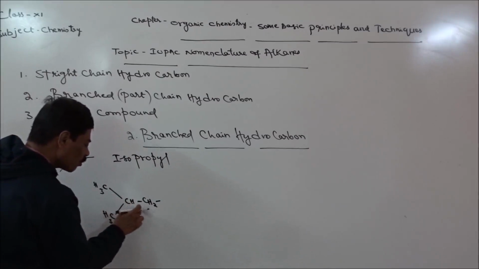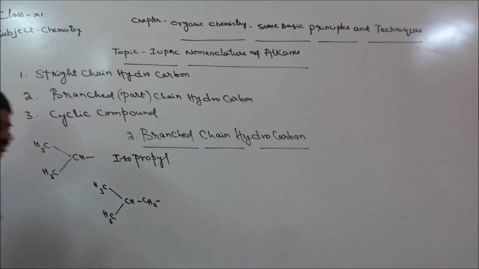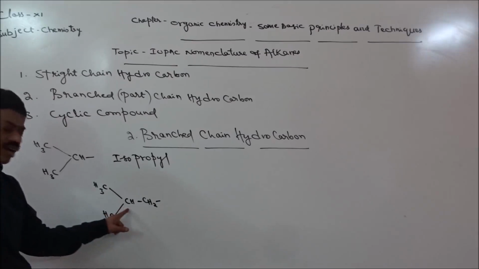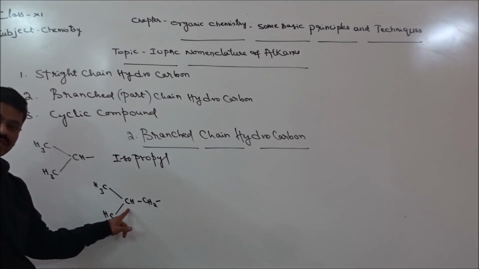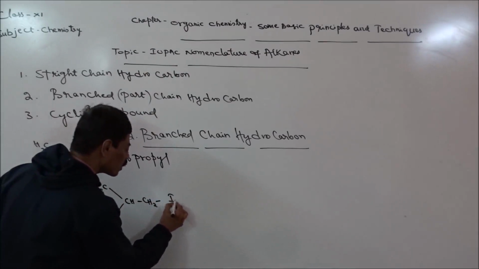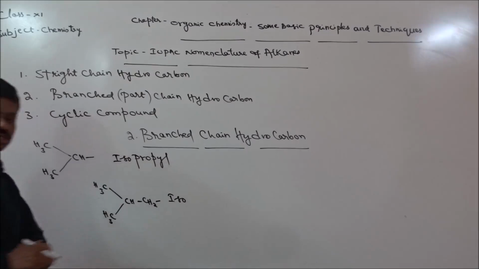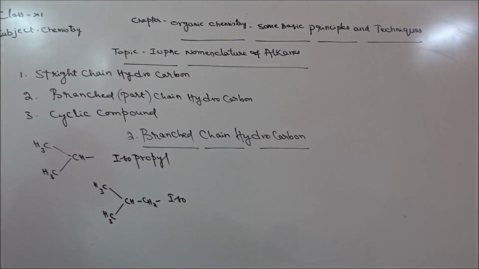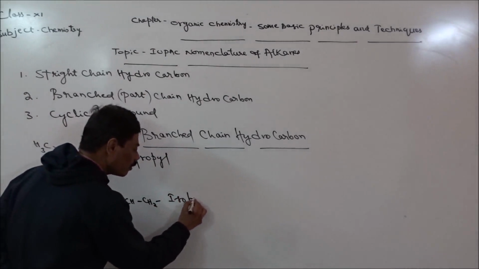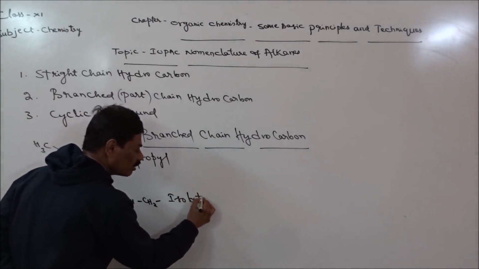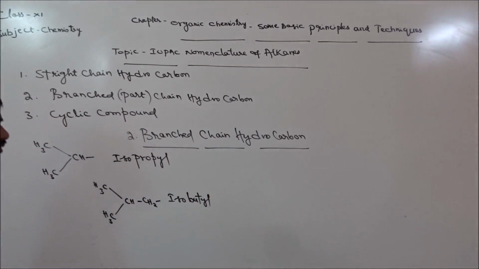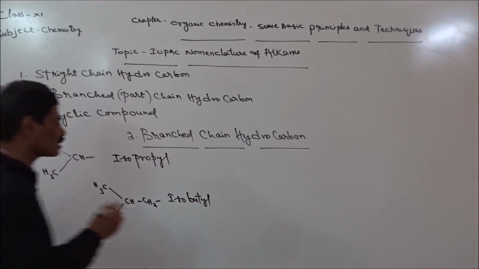Now in this case, two alkyl groups are connected to one carbon atom, so the prefix we need to write is iso. Number two, altogether four carbon atoms are there, so it is butyl. Butyl means four, as I already taught. Butyl refers to an alkyl group containing four carbon atoms. Next.